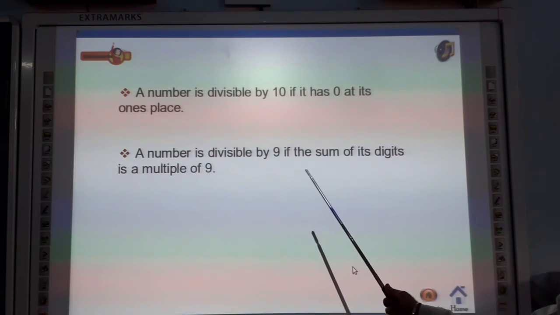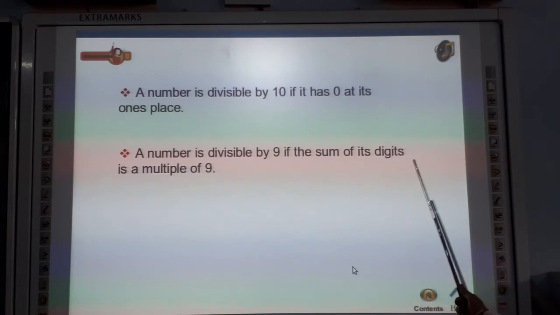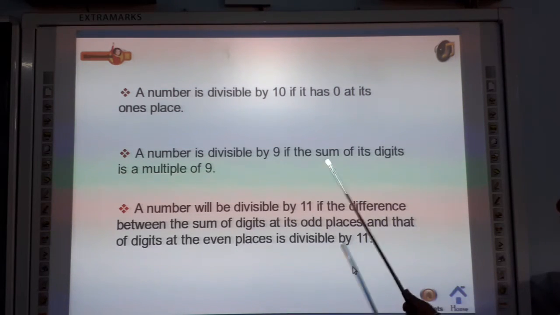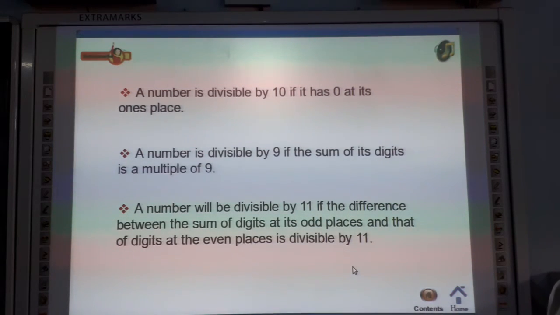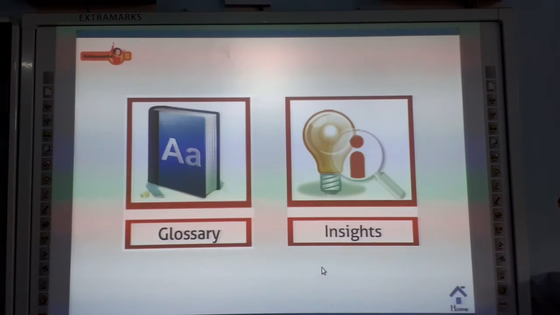For divisibility by 3, the sum of digits should be divisible by 3, then the complete number will also be divisible by 3. And for 11, we have to find the difference of the two sums, the sum of digits at odd places and the sum of digits at even places, and that difference should be 0 or a multiple of 11, then the complete number will be divisible by 11. Okay, thank you.